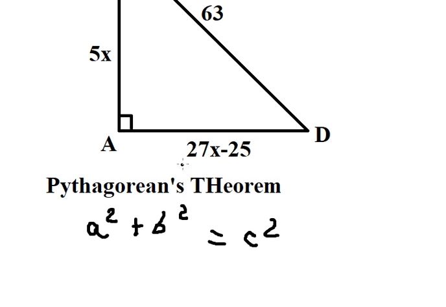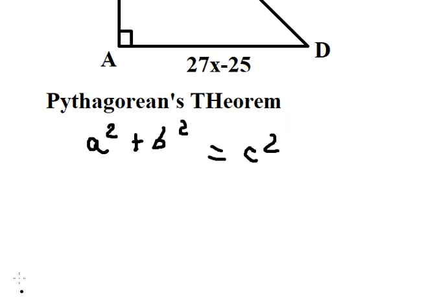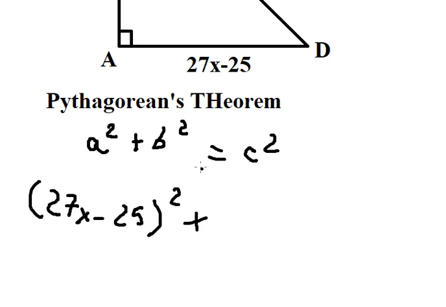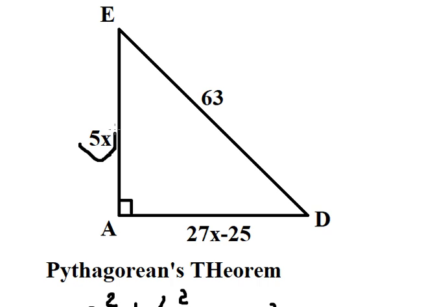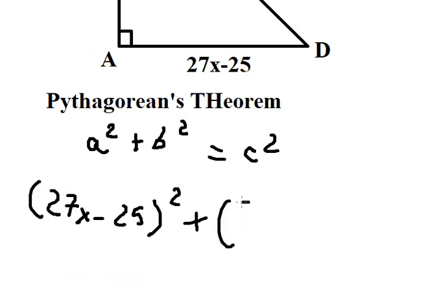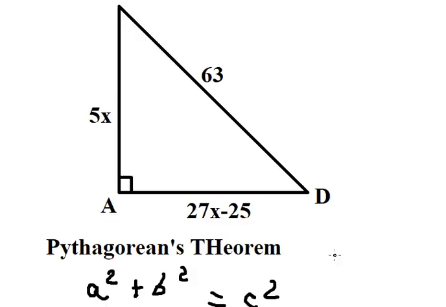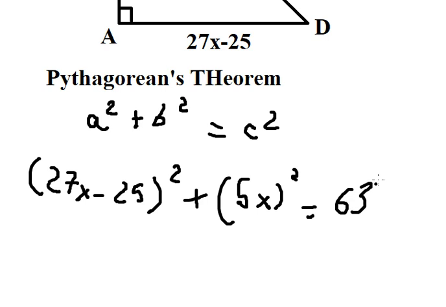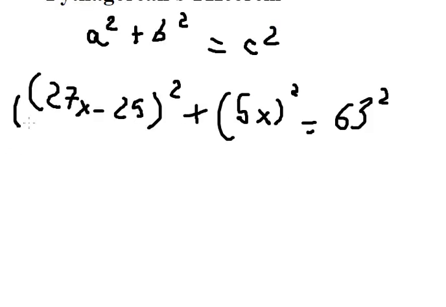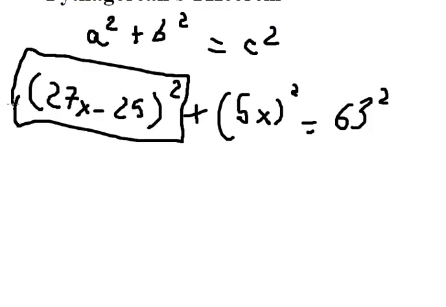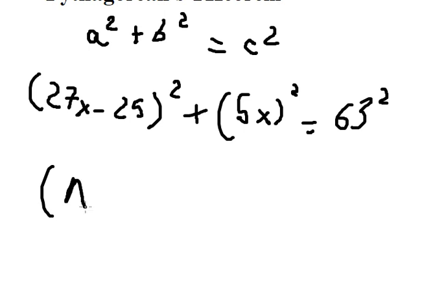So a is about this one, and b is about this one, and c is about this one. So for this one we can apply the formula in here.